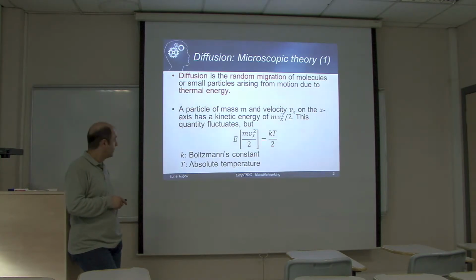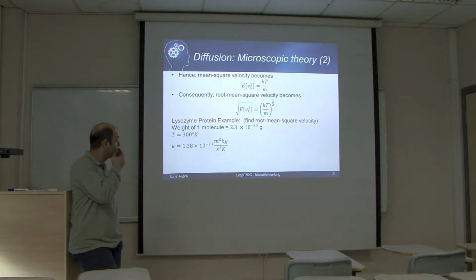This quantity fluctuates, but the expected value of this kinetic energy would be kT over 2, where k is the Boltzmann constant and T is the absolute temperature in kelvins. Okay? That's what you already know.